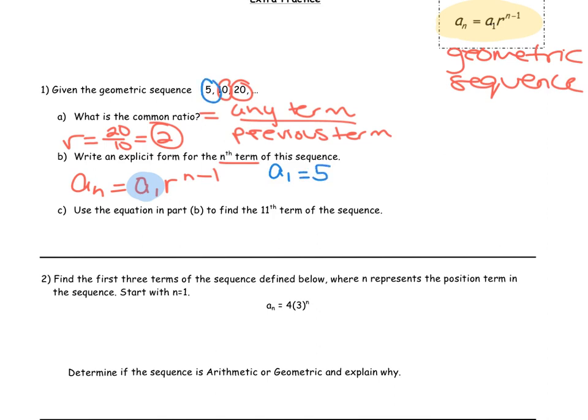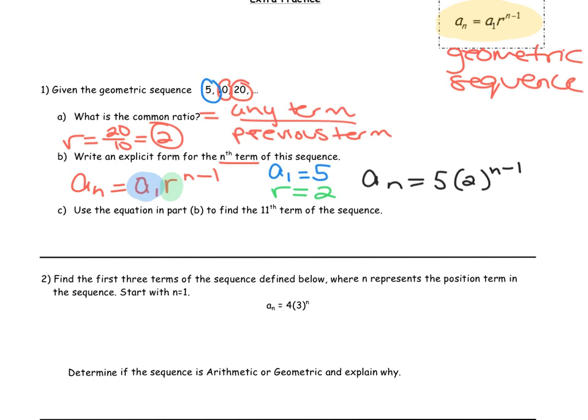That's the first term of our sequence. We know r is that common ratio, which we said before was equal to 2. So I have everything we need. We can fill this in, that a sub n is equal to 5 times 2 to the n minus 1. That's your explicit formula for this sequence.